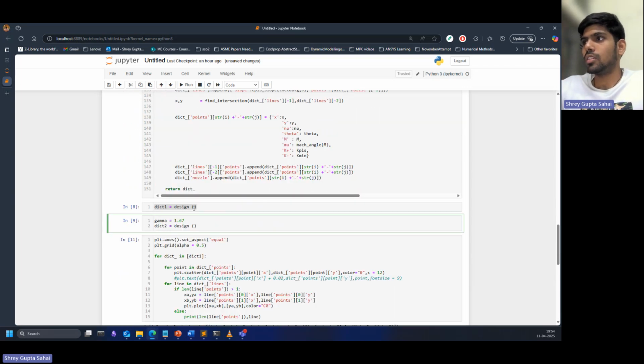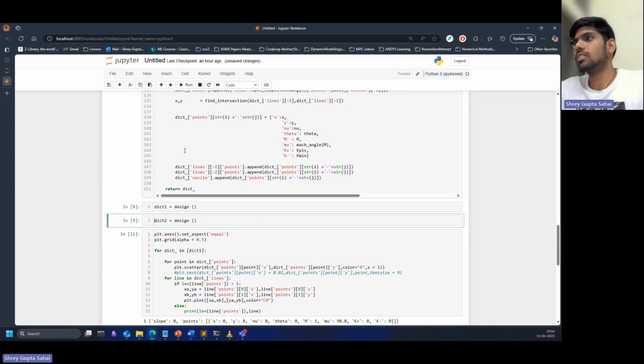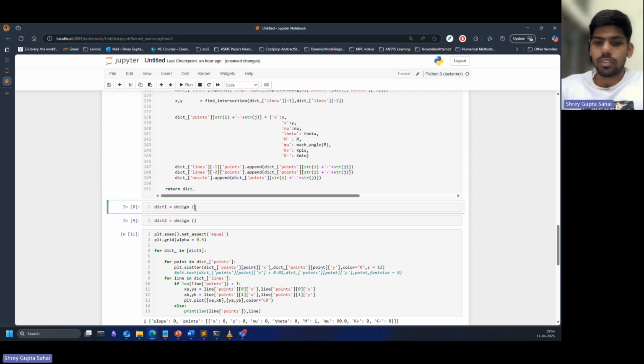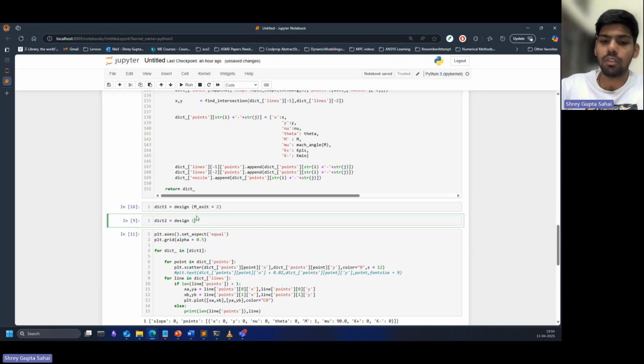Then similarly again, let's do this. Let's look at Mach exit of 2, and let's look at Mach exit of 3 or Mach 0.4.